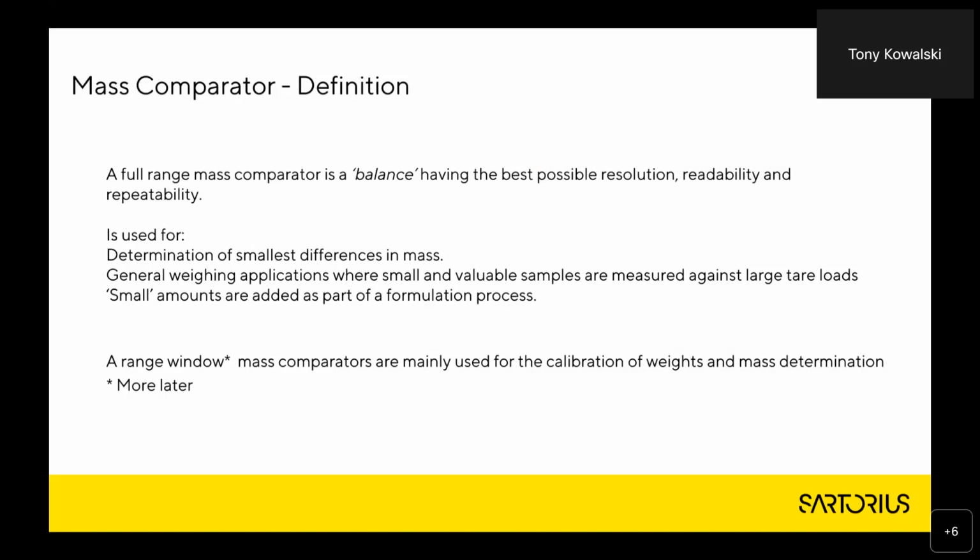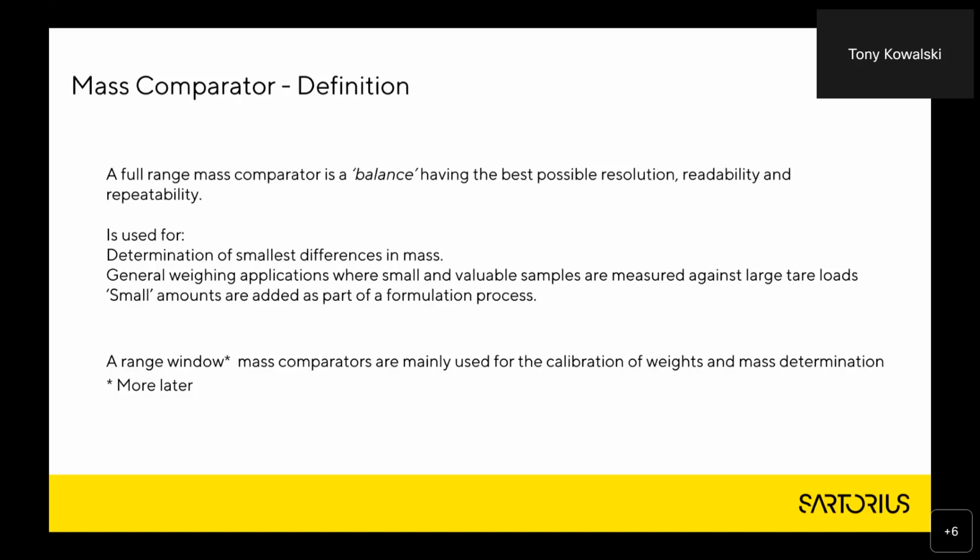We can occasionally use a mass comparator for general weighing applications, but only for weighing very small amounts, particularly of valuable samples, perhaps measured against heavy tare loads. So, for example, weighing small amounts of gas into heavy gas cylinders where we're measuring only a small amount, a mass comparator can be used for such applications.